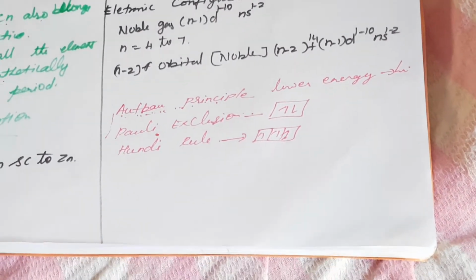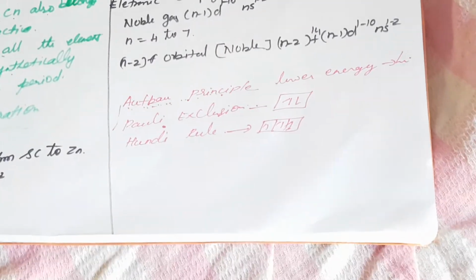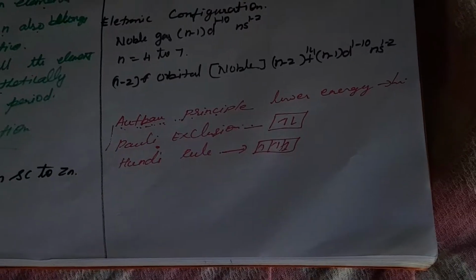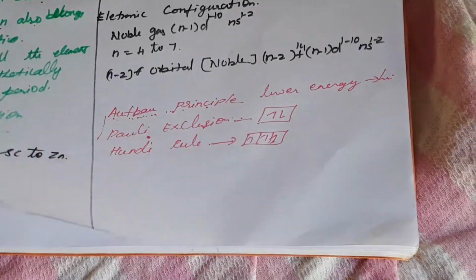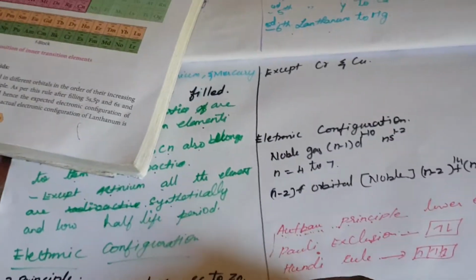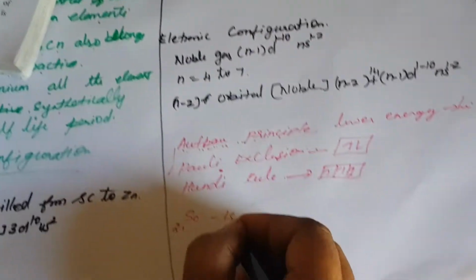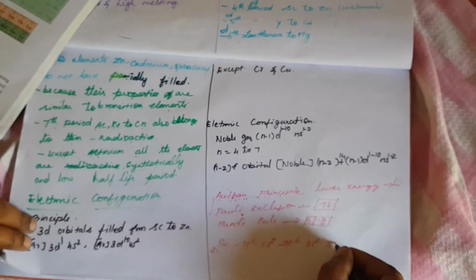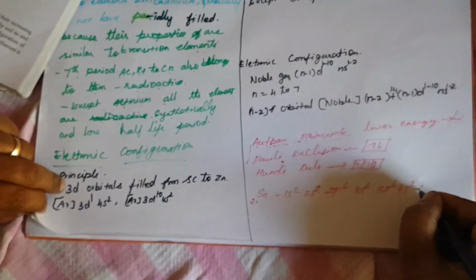Here, 3d orbitals are filled from scandium to zinc. What is the electronic configuration of scandium? The atomic number of scandium is 21: 1s2, 2s2, 2p6, 3s2, 3p6, 4s2, 3d1.